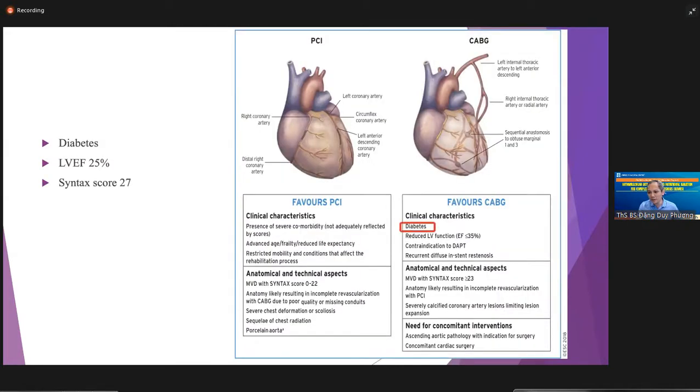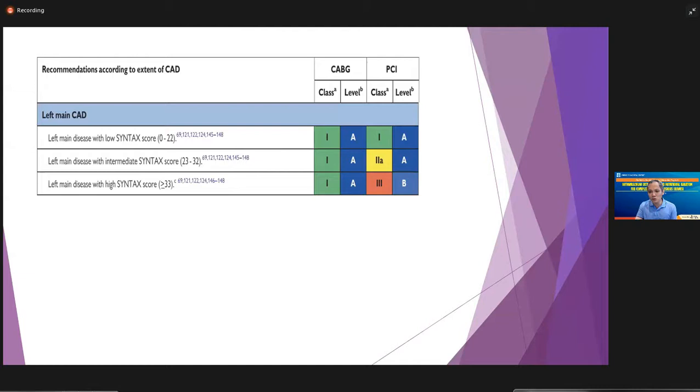The patient has diabetes, low function, and a SYNTAX score up to 23. For this patient, the first choice should be CABG.